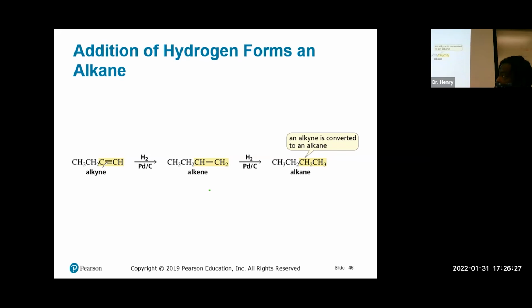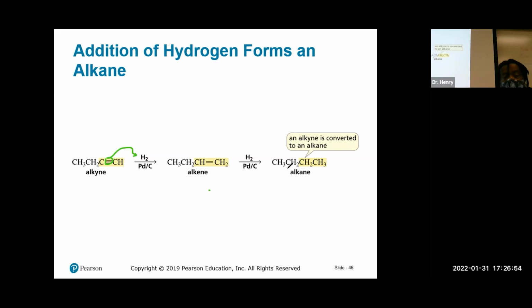The first thing that's going to happen is that we're going to use the triple bond to donate its electrons to the hydrogen. The hydrogens are then going to be added to both carbons. Then it's going to happen again.